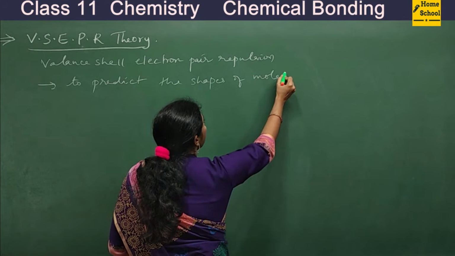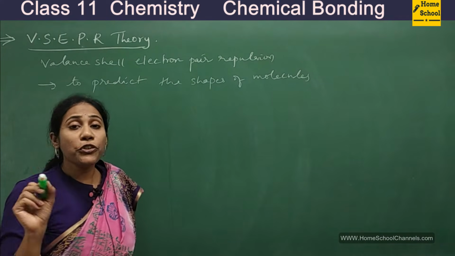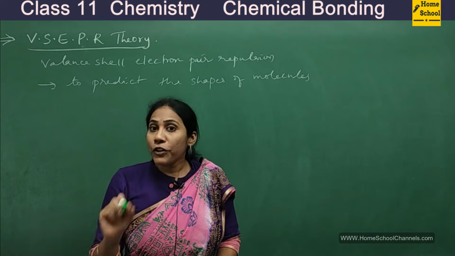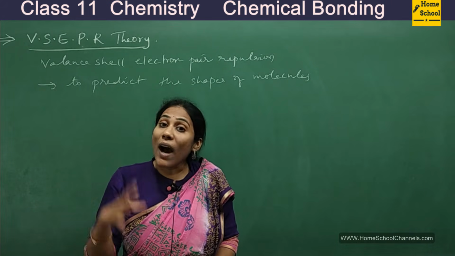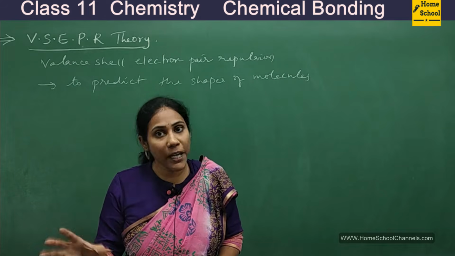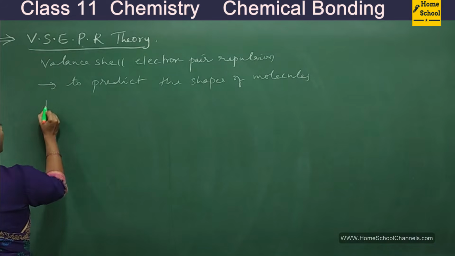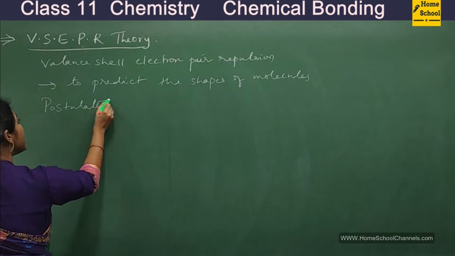Okay, fine. And now there are certain postulates which you have to learn and analyze point by point. If you can understand these postulates, you will understand why different shapes are possible for molecules. So first and foremost, let us learn about the postulates of VSEPR theory.